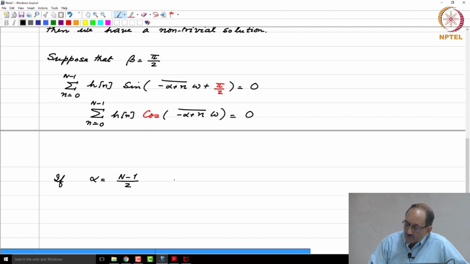but now we have h of n not being equal to h of capital N minus 1 minus little n, but you need this to be anti-symmetric. You need to have a minus sign here, because cos being an even function, cos of minus theta is cos theta, so that will not effect a change in the sign of the two terms, and hence the change in the sign of the two terms has to be effected by change in the sign of the impulse response.